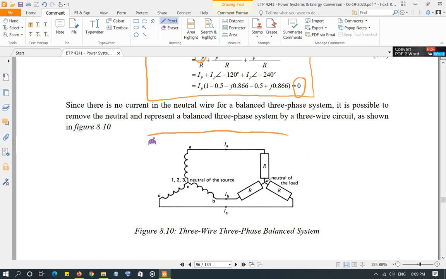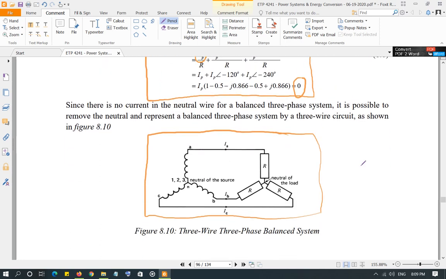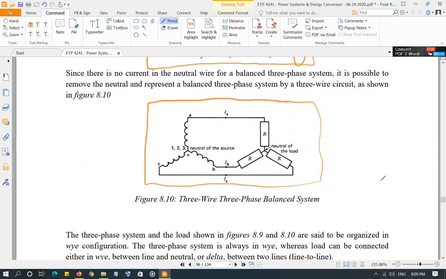So we can have a three-phase, three-wire system. Of course, this system is not really implemented in practice. The one that is implemented is the three-phase, four-wire system, where you do have a neutral wire, you have three phases, and of course you have ground included in the power system. So these are different representations of the circuit.